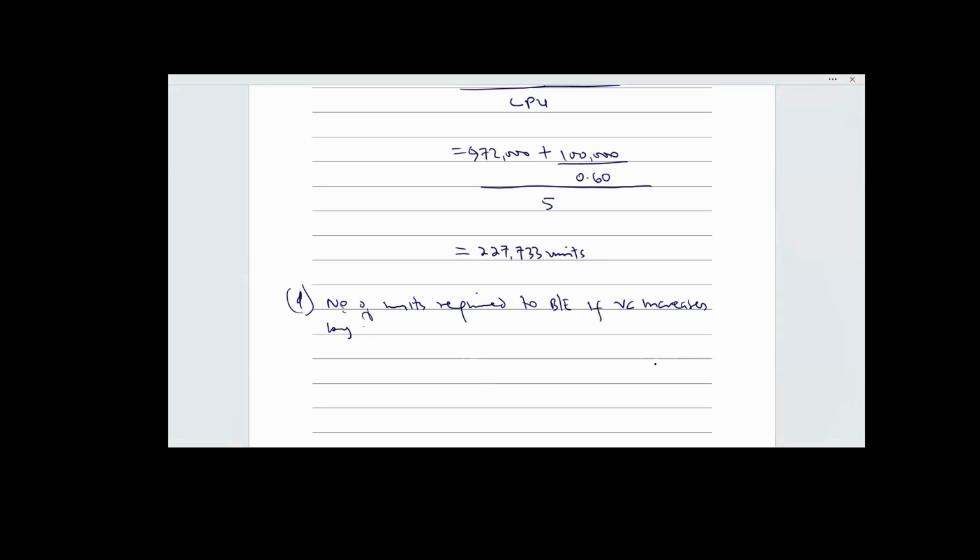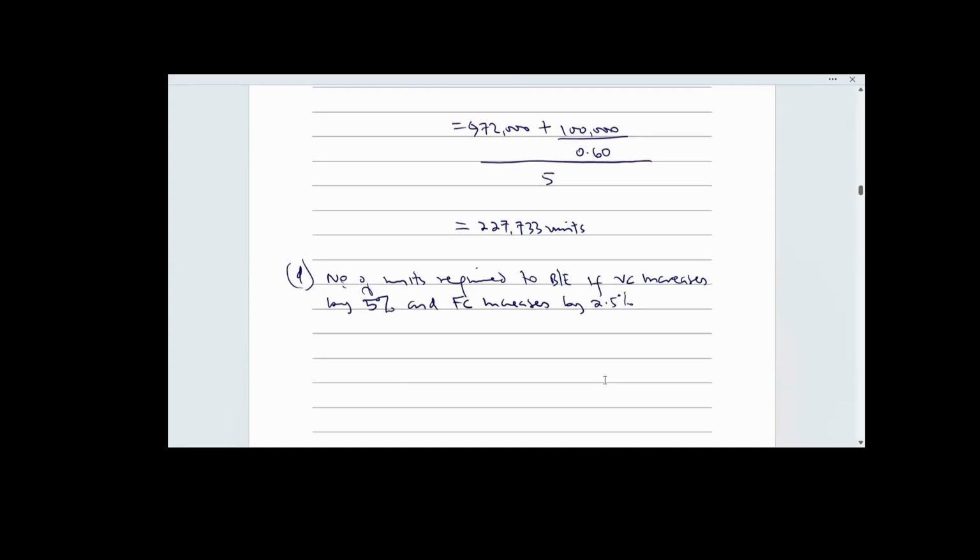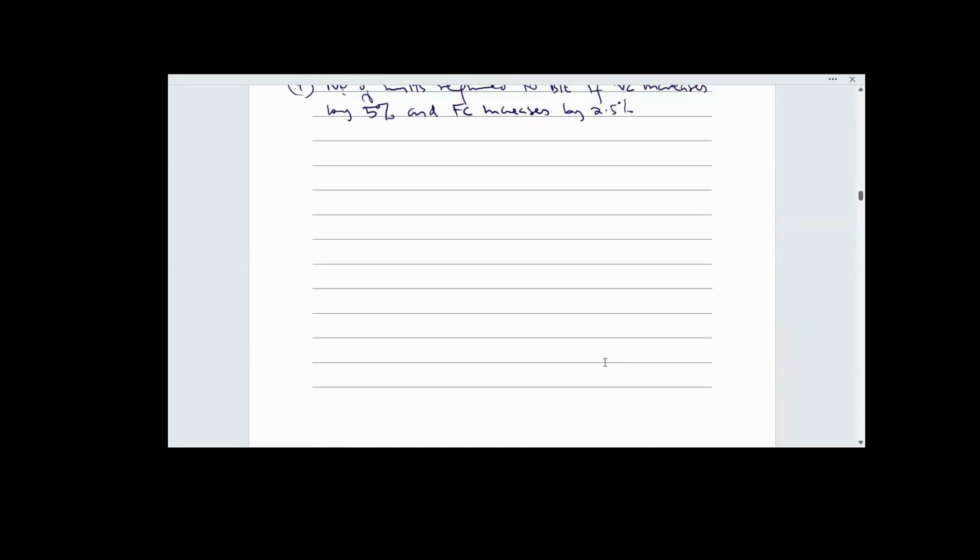If variable costs increase by 5% and fixed cost increases by 2.5%, what this simply means is that my contribution per unit will change. So I need to go ahead and calculate the revised contribution margin.